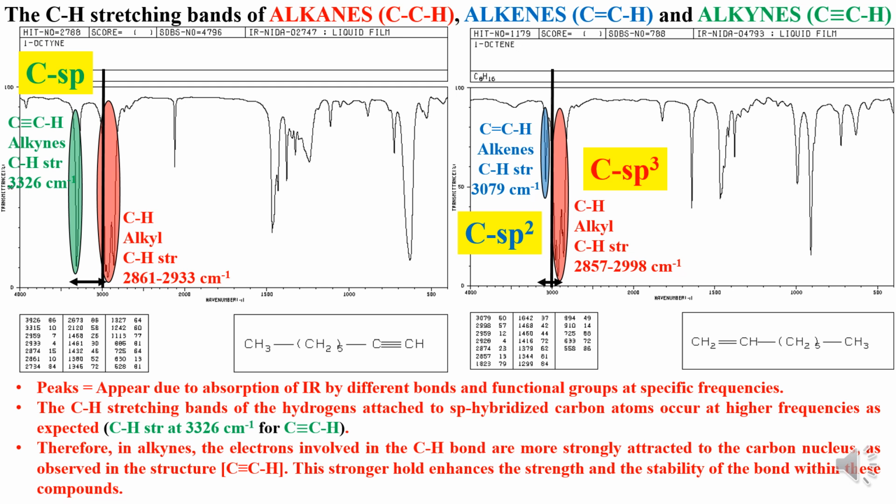This is because in alkynes the carbon atom is sp hybridized, while the carbon atom in case of alkene is sp2 hybridized. So the CH stretching bands are in the following order, because the CH bond in case of alkyne is more polar and hence stronger as compared to the less polar CH bond in case of alkenes and alkanes.